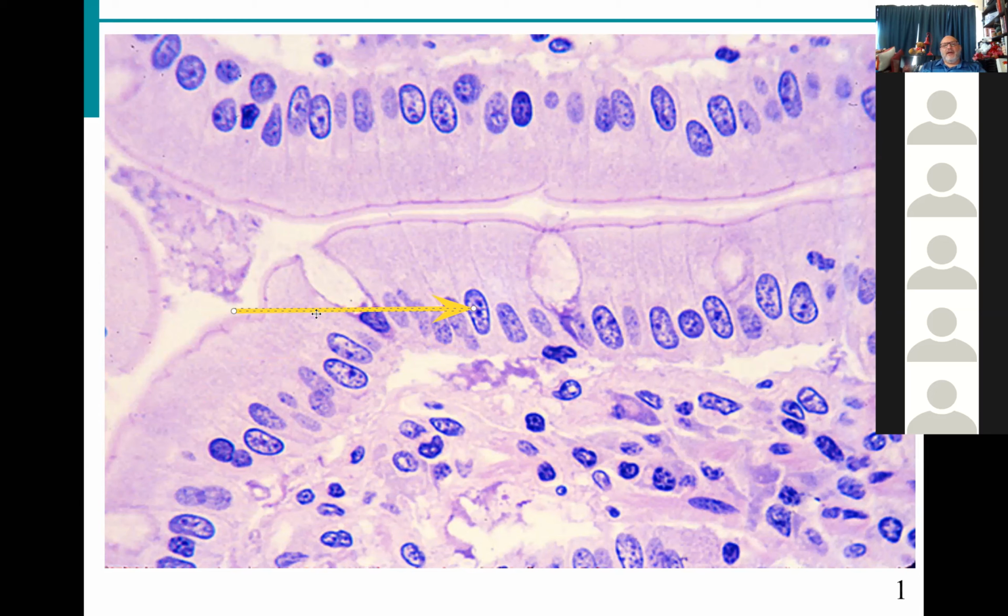Excellent. Identify one location where you would find this tissue. Lungs? No, not lungs. Where did we say we'd find the simple columnar? Stomach, excellent. That's one location. But what's another one? No, not kidney.